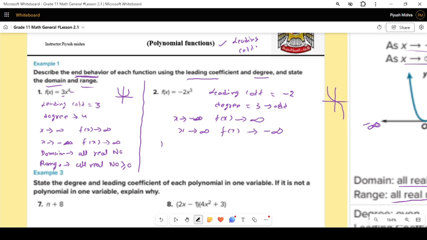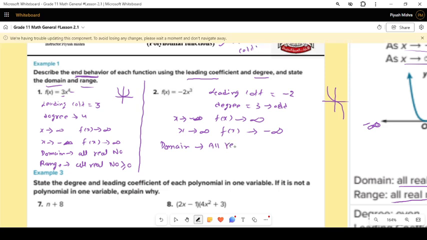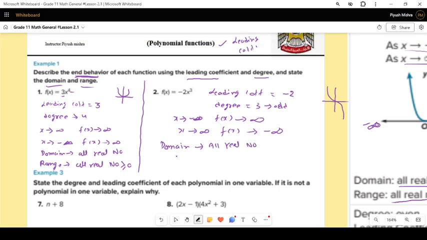Okay, domain, I told you that if it is odd, domain and range will be the same, all real numbers, and range will also be all real numbers. I hope you have understood.